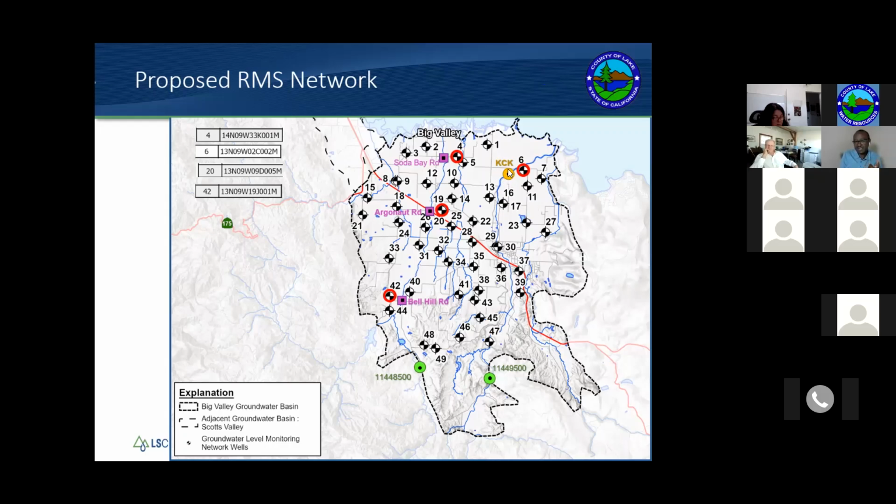So for example, the Kelsey gauge here goes up and down, and then we build close to it a set of nested wells. Those nested wells will be in the first 20 feet, and then 50 feet, and then 100 feet, and then 200 feet in one well. And then we coordinate that and do a groundwater pumping test. So we go ask someone to run their wells, far away.